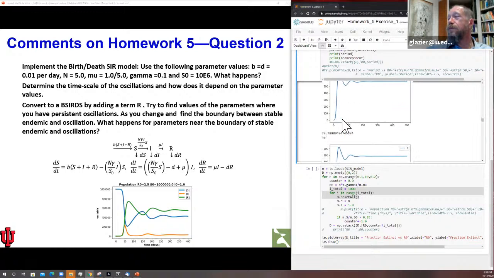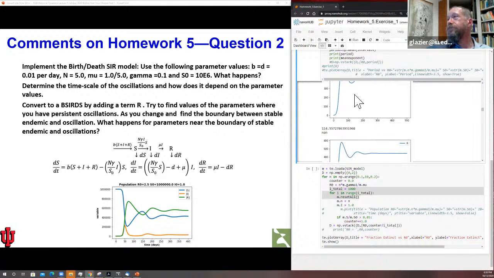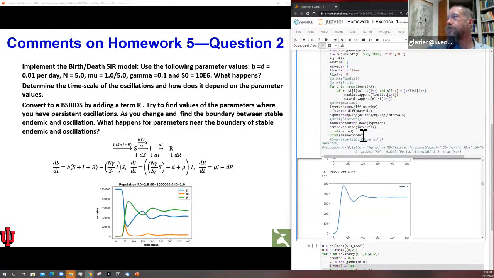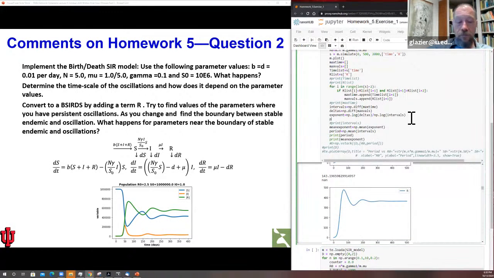So I have to play with that a little bit more. Let me print the deltas before I do anything too ambitious for that.